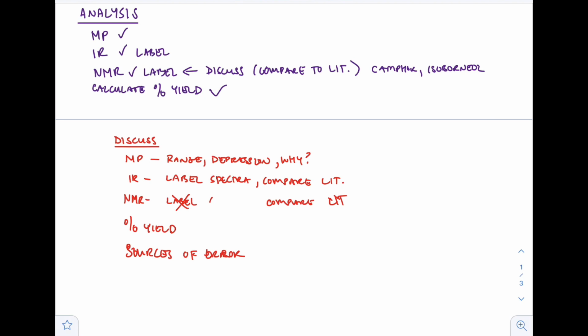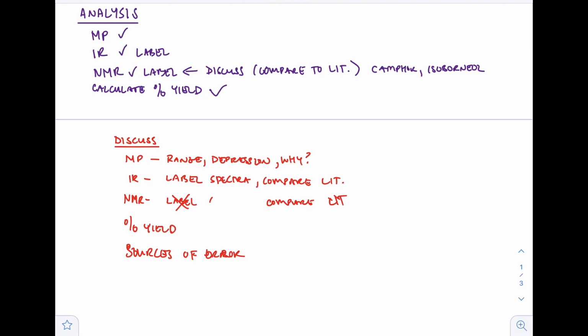But then that's up to you to pinpoint them and then discuss them. But again, I'm not going to go over every little thing that you need to discuss. The list of things here are more or less specific to this particular lab, but then just double check your guidelines to make sure that you've covered all necessary material.